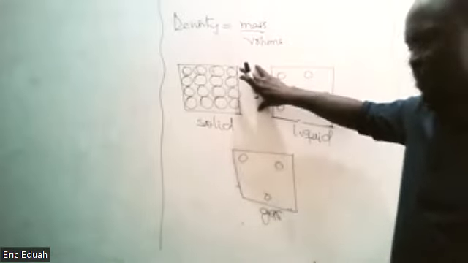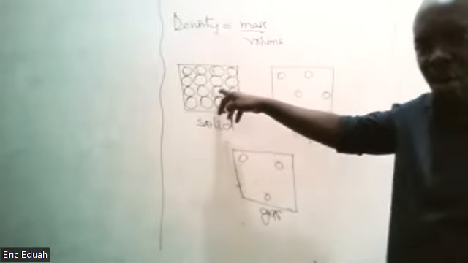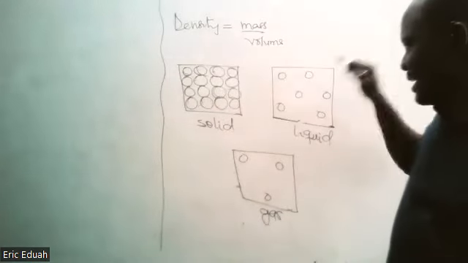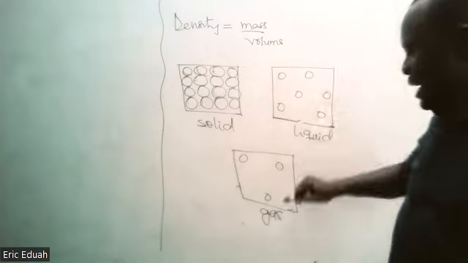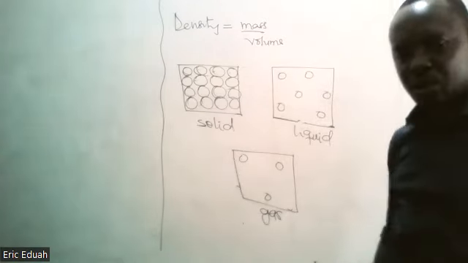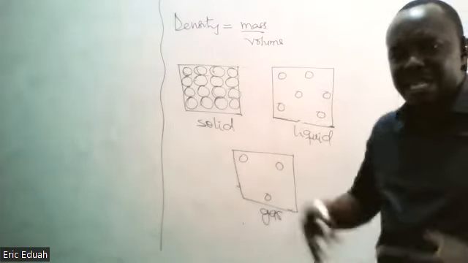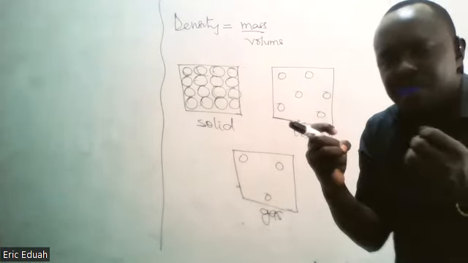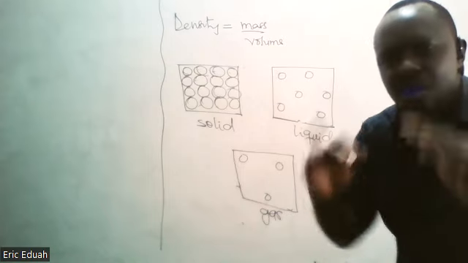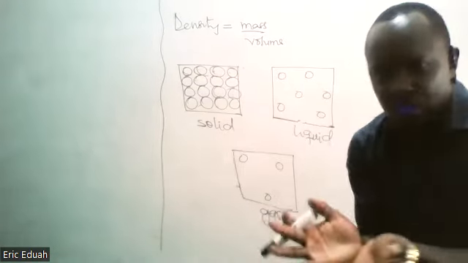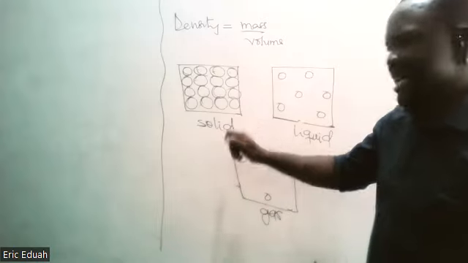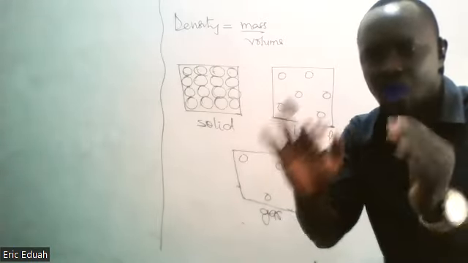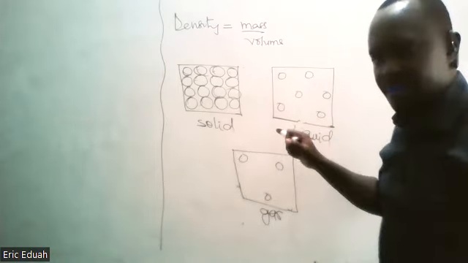So by drawing solids in this form, we mean we have more mass or matter within solid particles than liquid and then gases. So when we talk about density, we are looking at the number of particles or matter within a given volume. If we are comparing the density of solid, liquid, and gas, we have to choose equal volume for all of them.